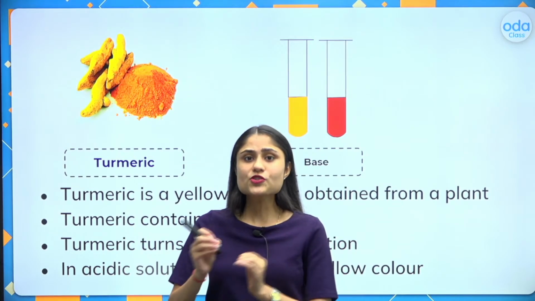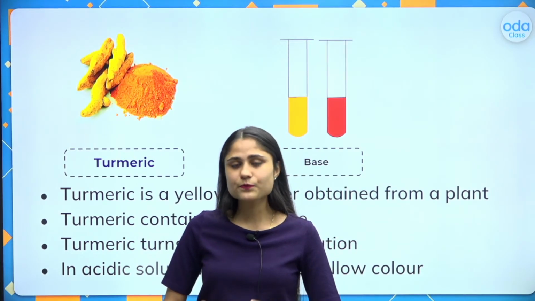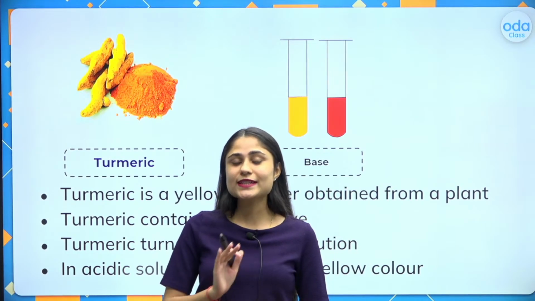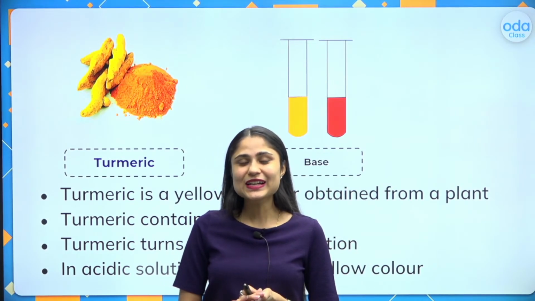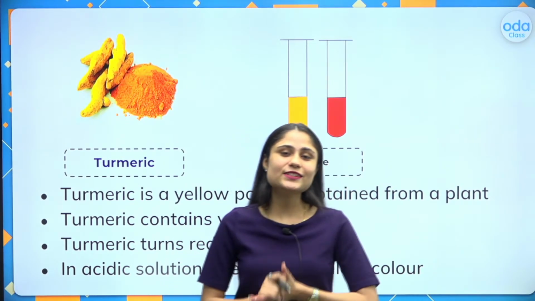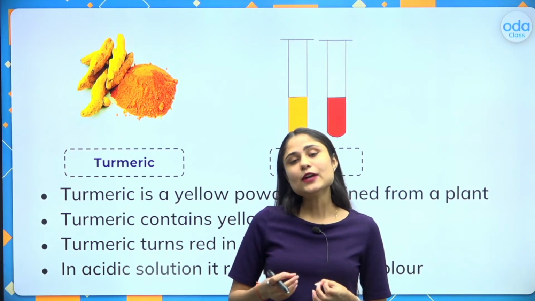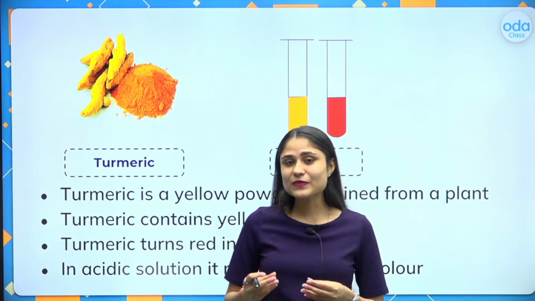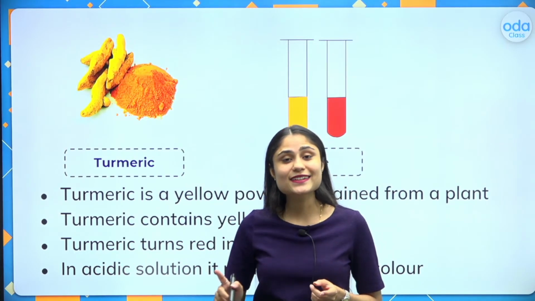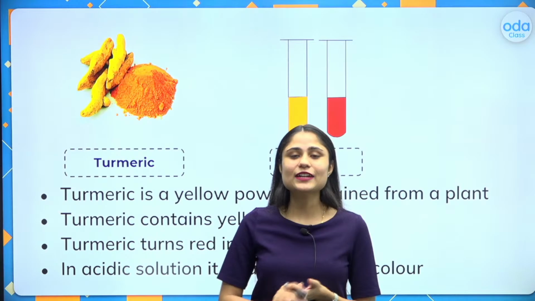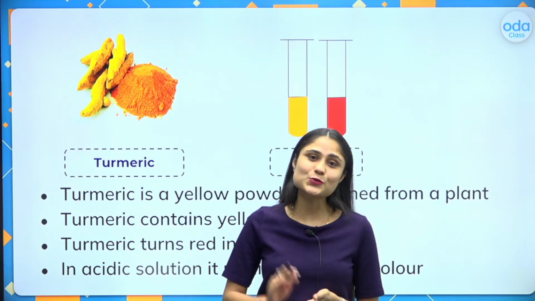Now when you wash it, it will turn red in color. Why is that so? Because you will be washing it with a detergent powder or a detergent soap, something like that, and that would be a base in nature. So turmeric would indicate red in color. That would just indicate that you have applied a base to it, right?